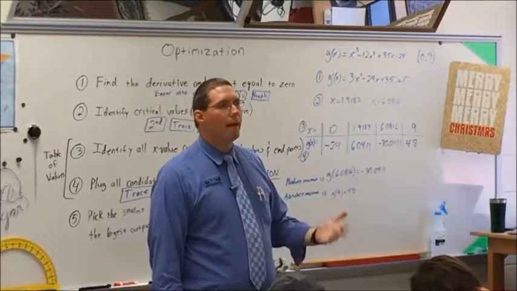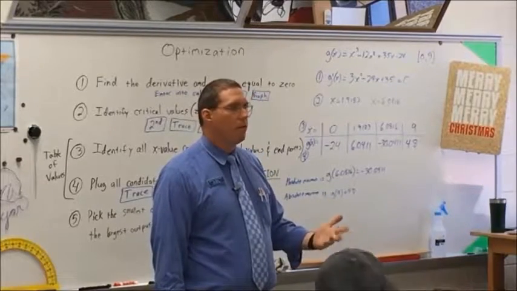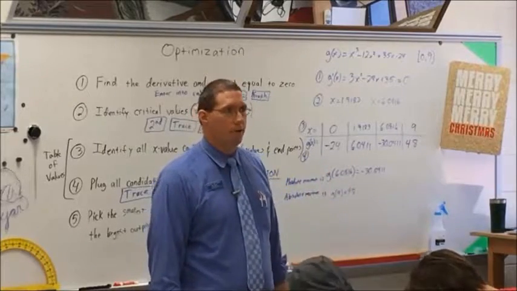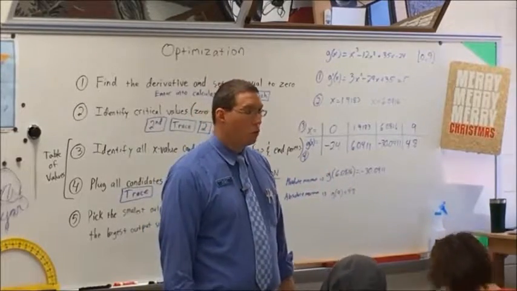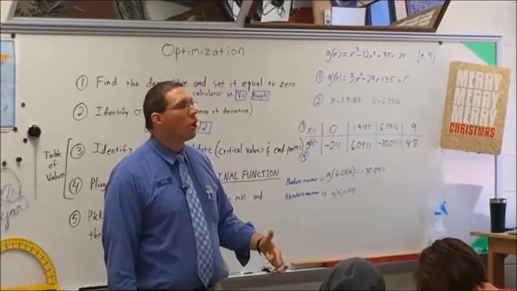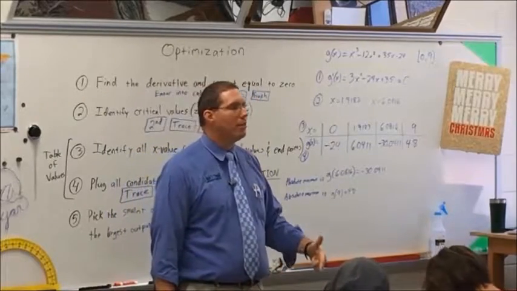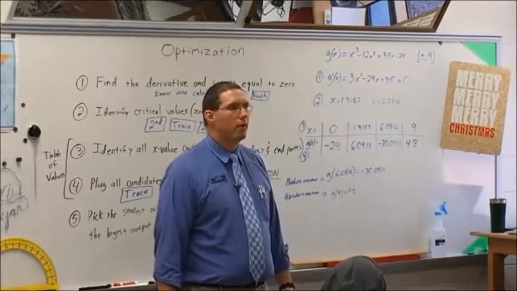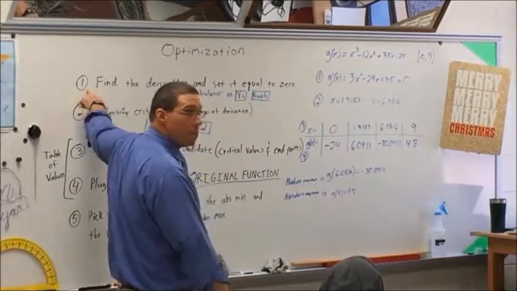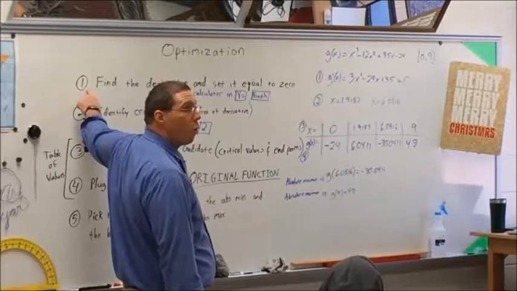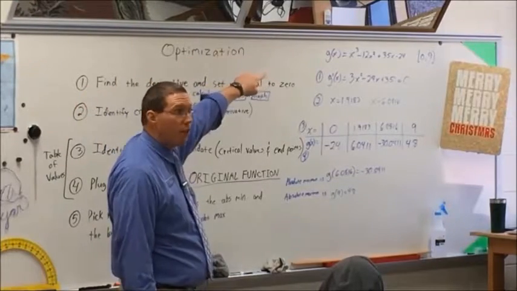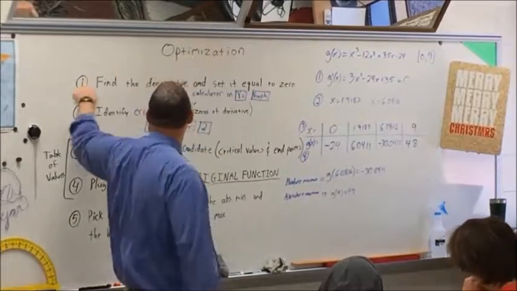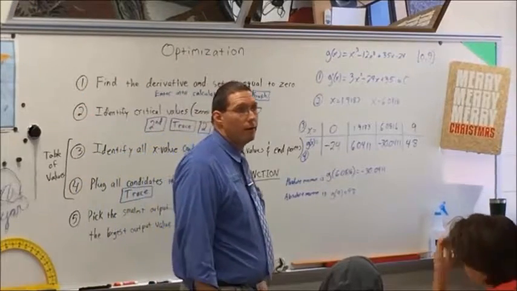What do the dimensions need to be of the box to maximize the volume of the box? It's a really good question. The hard part about that question is step 0, the step before this. You have to turn those words into a function, identify a closed interval, and then do step 1, 2, 3, 4, and 5. Do you see what I mean?